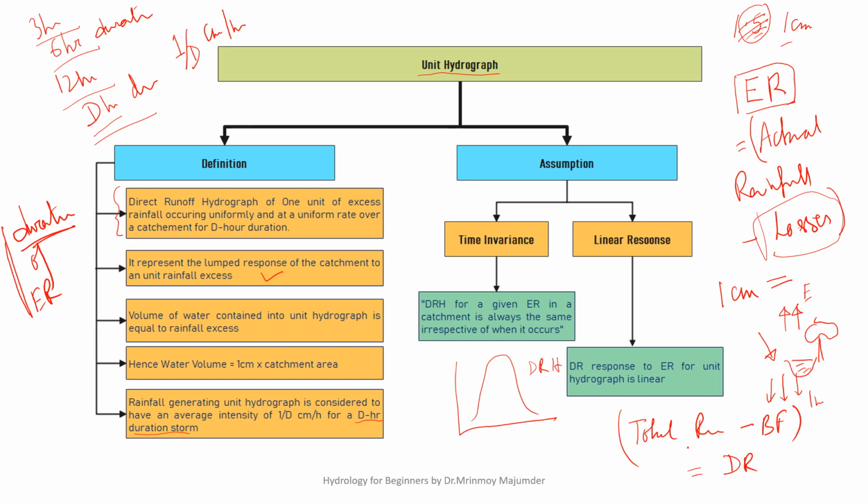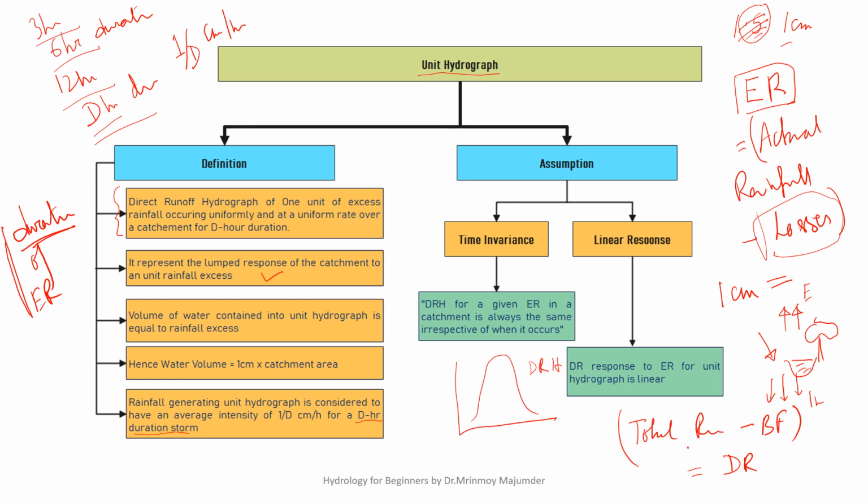Then the direct runoff hydrograph that can be generated from that excess rainfall, we defined it as unit hydrograph. Is it clear? So the runoff or the hydrograph generated due to a D-hour duration 1 unit excess rainfall is known as unit hydrograph. There is no confusion in it.